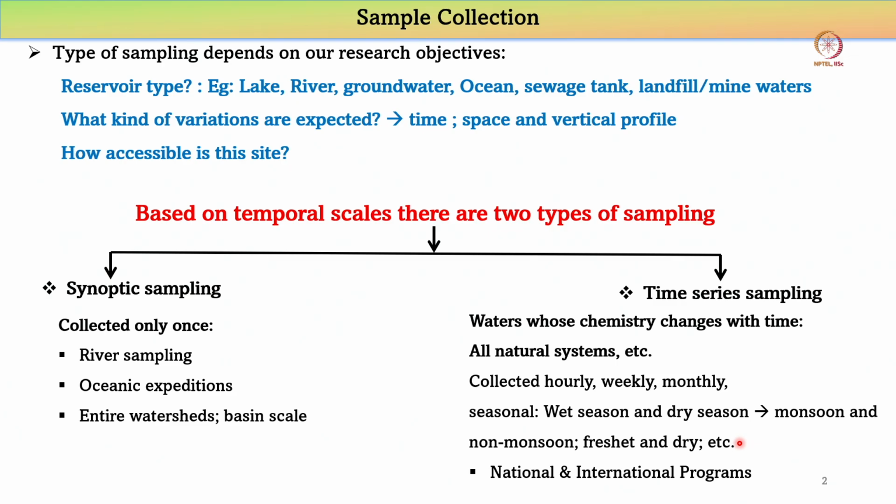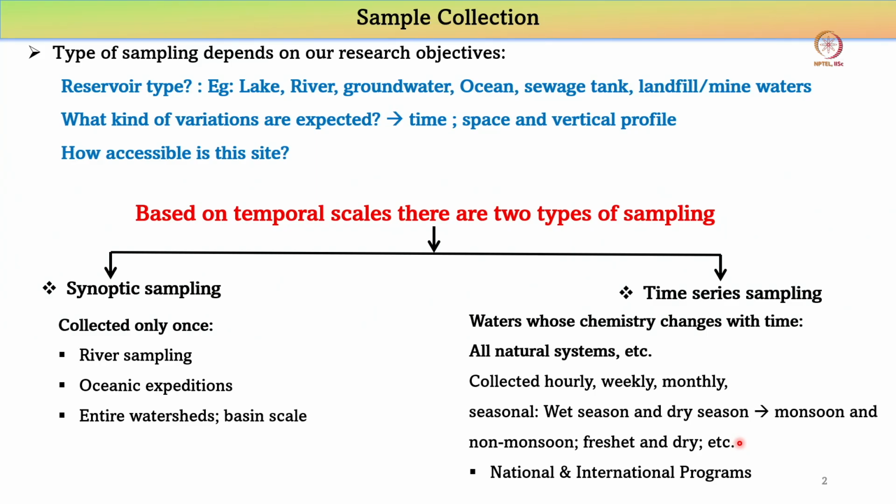So if I'm doing an entire river basin sampling, it may have 50 sites. Now to go and visit another time may not be possible. So if within a few days, maybe within 10 or 15 days, I'm visiting those many sites and collecting waters from all those sites, that is my synoptic sampling.